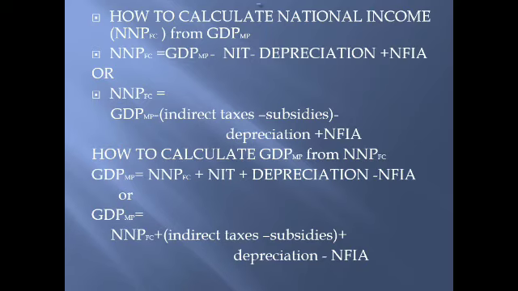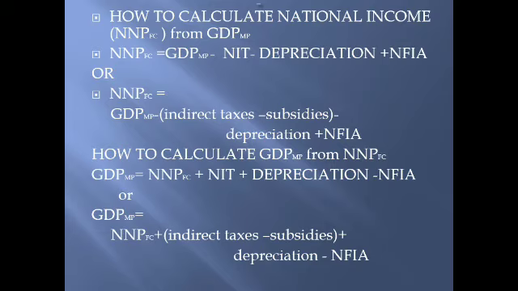When NFIA is added to domestic, we will get national. So in this way, NNPFC is equal to GDPMP minus NIT minus depreciation plus NFIA. You will get national income, that is NNPFC.